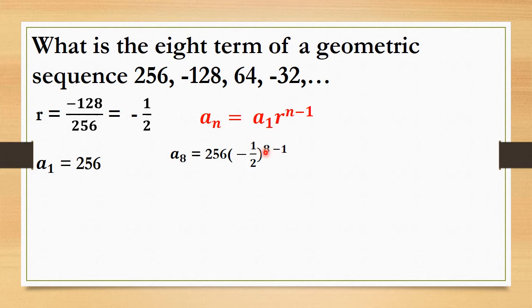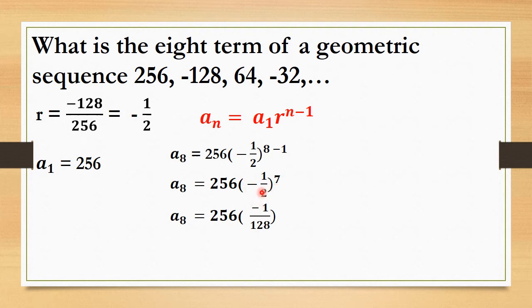Then, perform first 8 minus 1, so negative 1/2 raised to 7. So, the 8th term is equal to 256 times negative 1 raised to 7 over 2 raised to 7. Since odd number yung exponent, still yung sign ay negative 1.